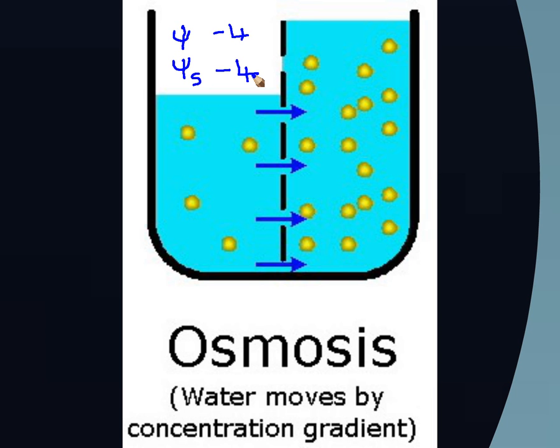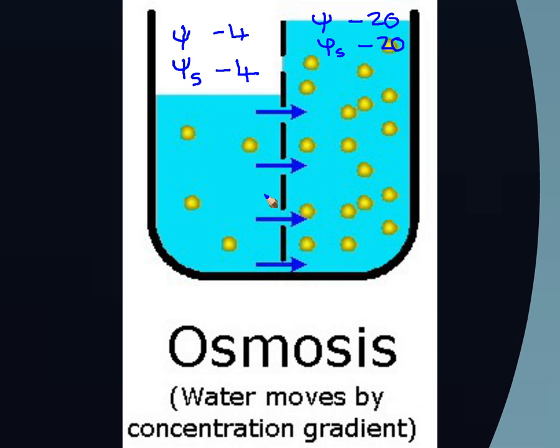Unless we're talking about a pressure being applied, or membranes, cell walls and things in plants, it's always the same. Whereas on this side we might have a water potential of -20, and the solute potential is -20.